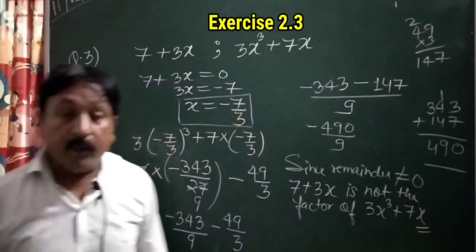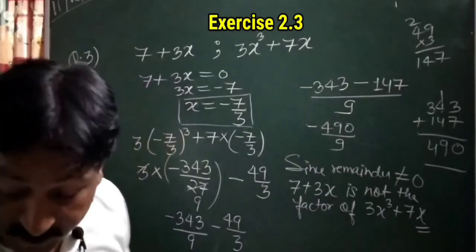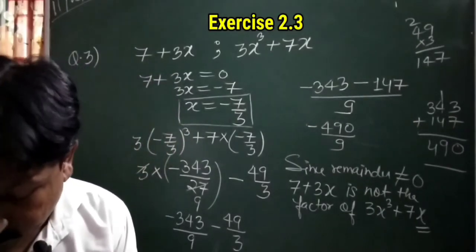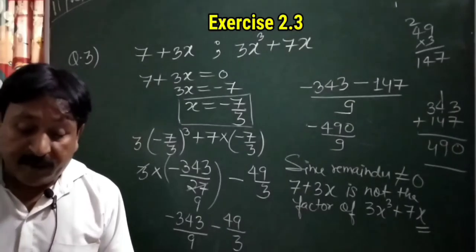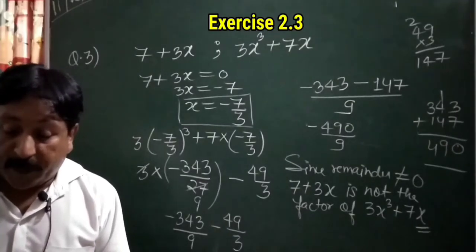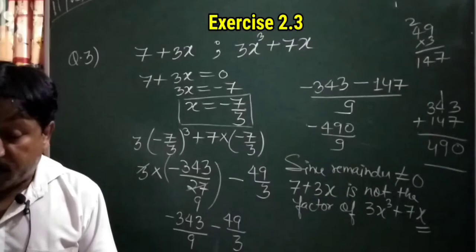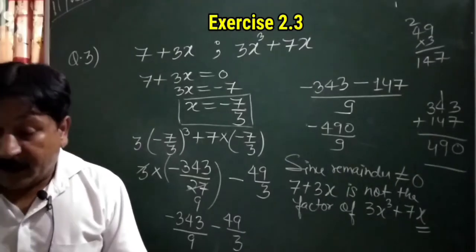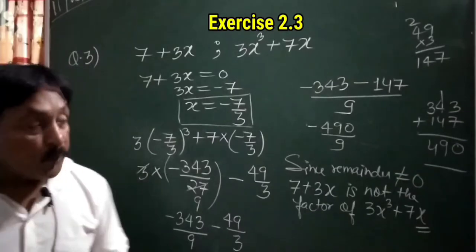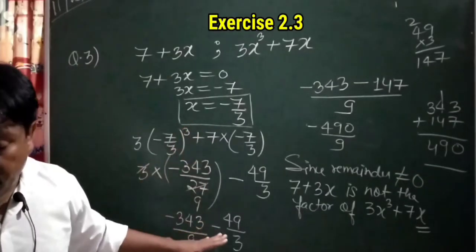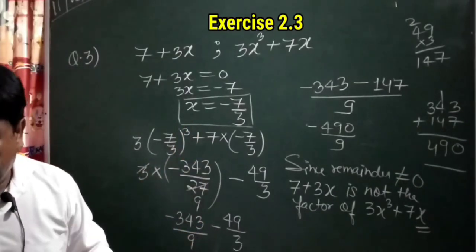Understood now? Now one more thing, see exercise 2.4 and see question number 1. Question 1 is saying, determine which of the following polynomials has x plus 1 as a factor. See, how many parts are there in all? 4 parts. So we have to do the parts in the same way. First of all, we have to find out the value of x.